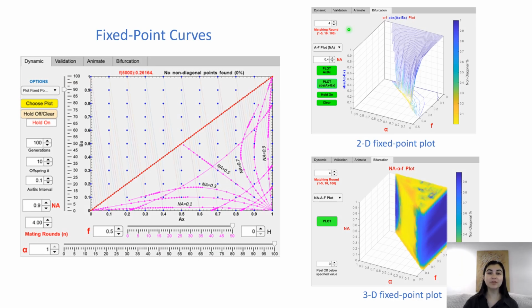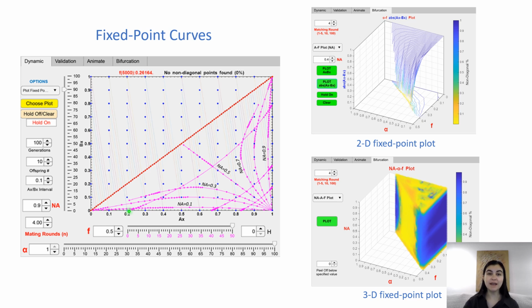We can then repeat this process for each individual variable and plot the fixed point curves for each variable. The fixed point curve for alpha and F are very similar, starting at the point here in the lower right corner and continuing to fan out.